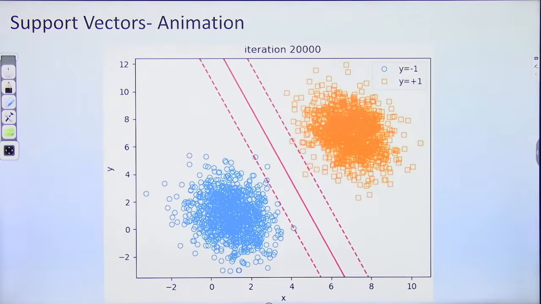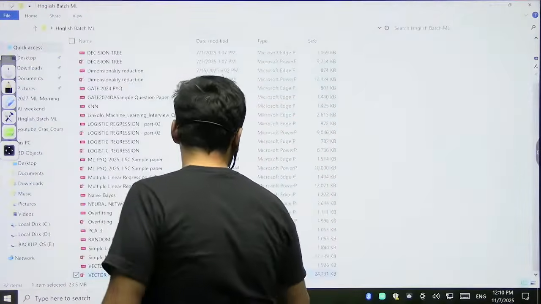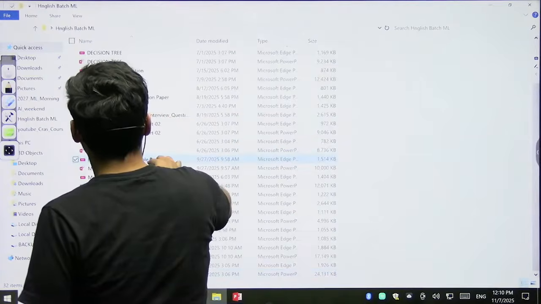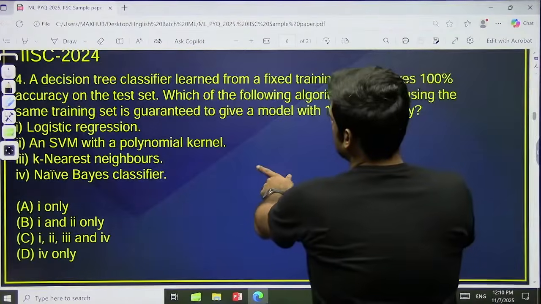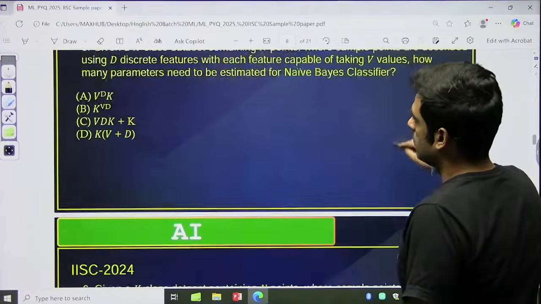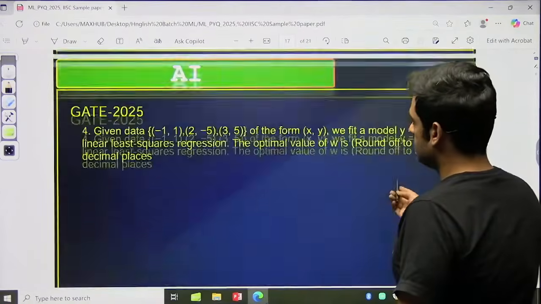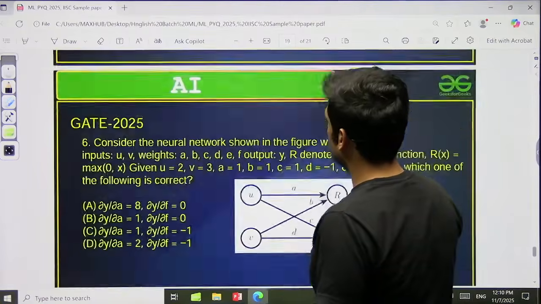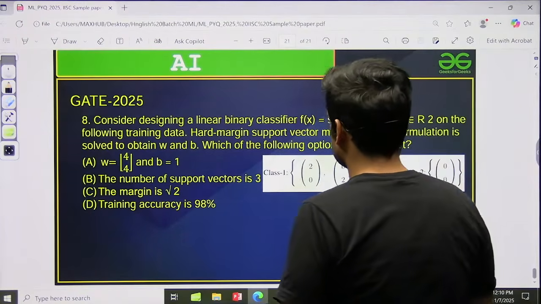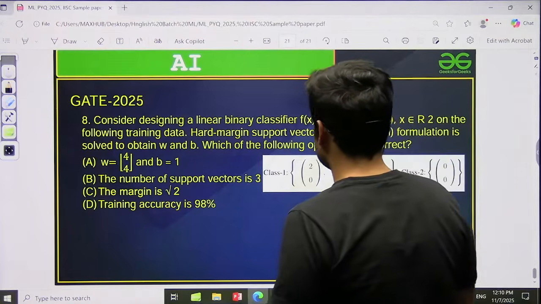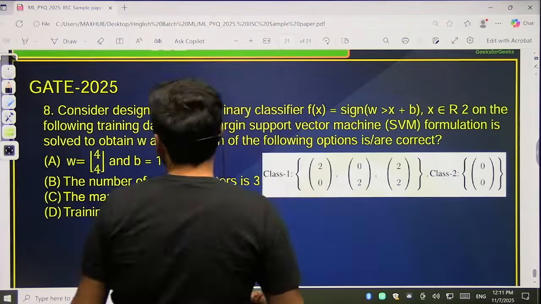Okay, चलिए अब यहाँ पे now I'll just give you one GATE question that actually appeared in 2025. चलिए, so this is the GATE question that appeared in 2025.